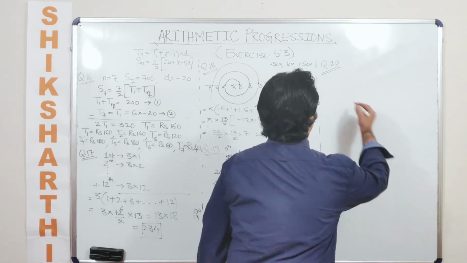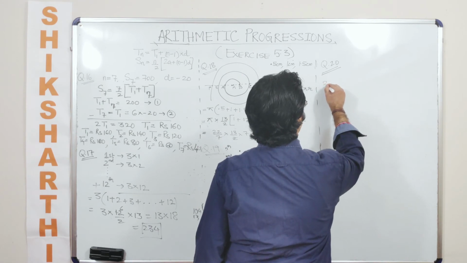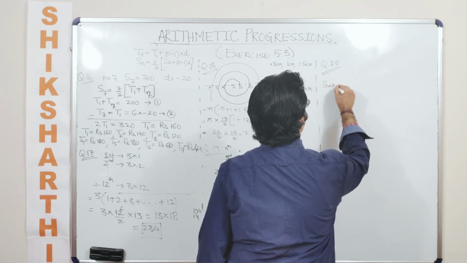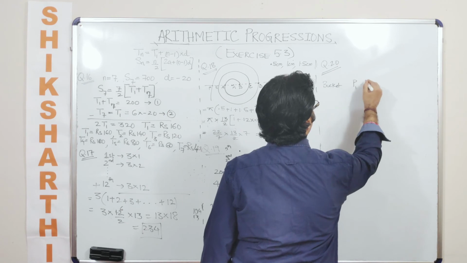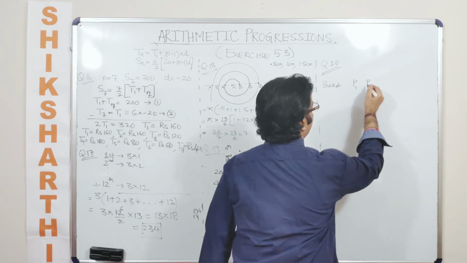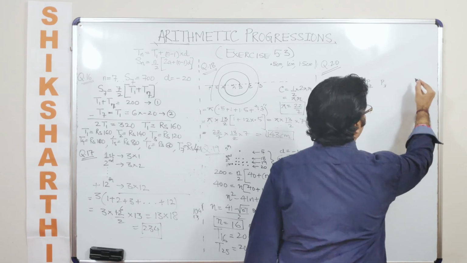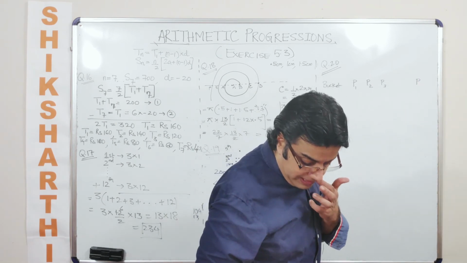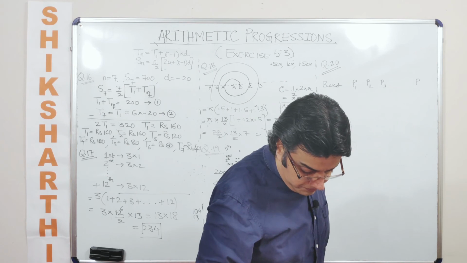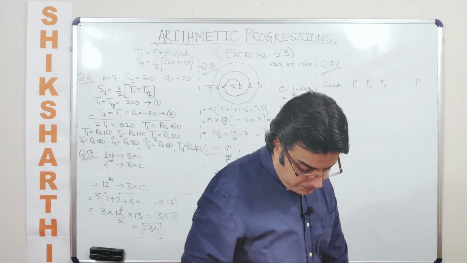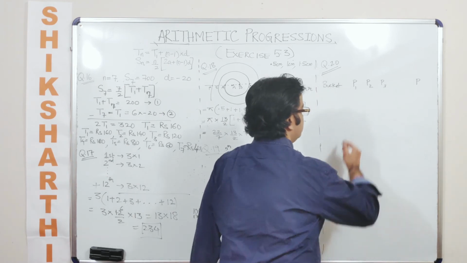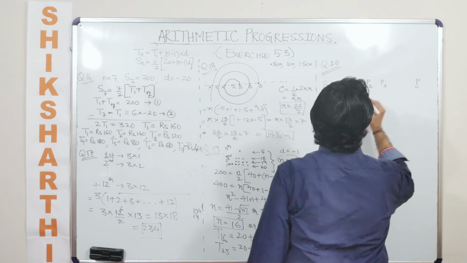Okay, so let's take this as the point for the bucket. Let's say this is my first potato, second potato, P2, P here refers to potato, third potato, and then you have, how many potatoes do you have? You have 10 potatoes, right? Okay.